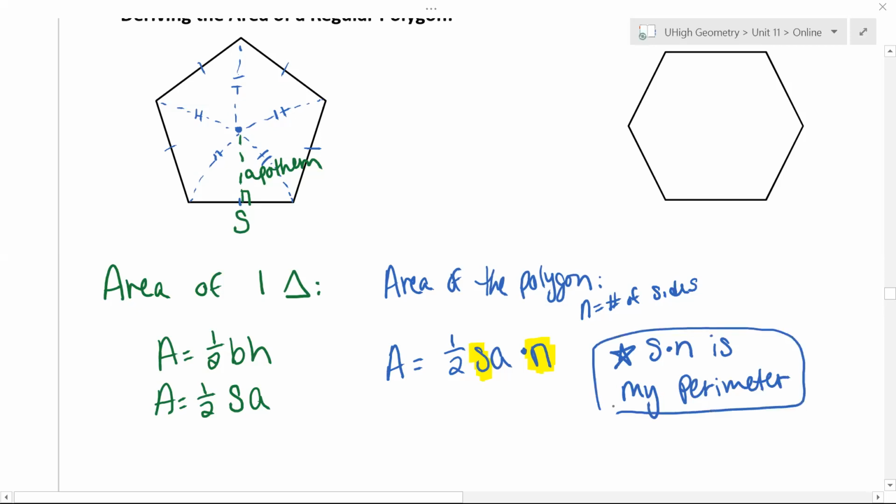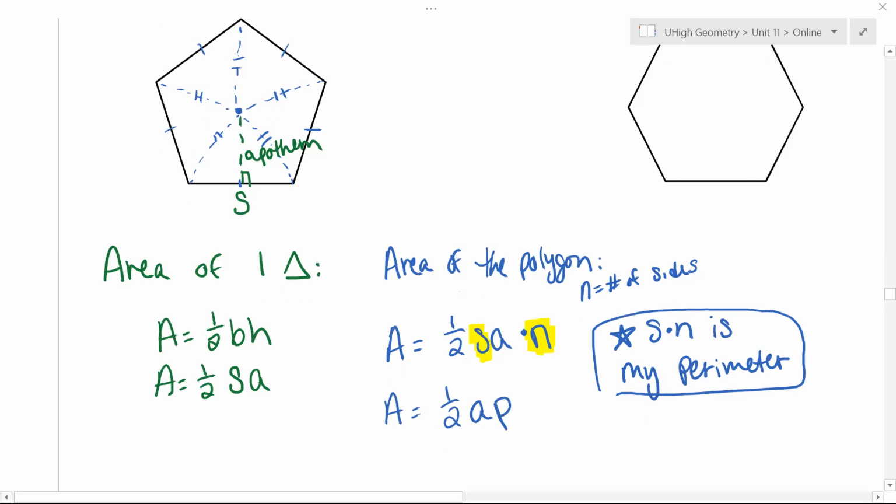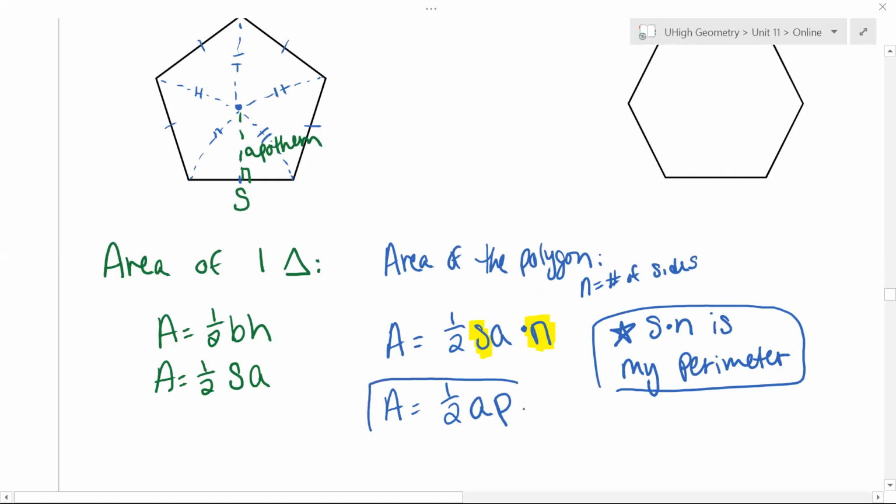So instead of saying the number of sides times my side length, I could shorten this a little bit and say that I have 1/2 my apothem times the perimeter of my shape. So this is how we find the area of any regular polygon. I can just do 1/2 my apothem times my perimeter.